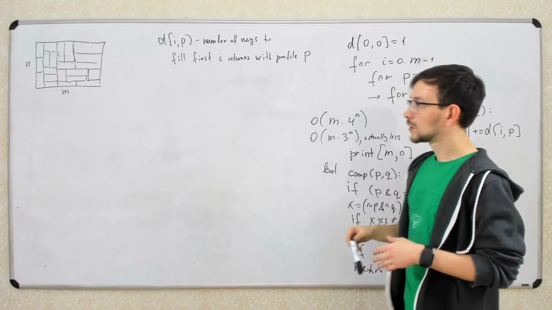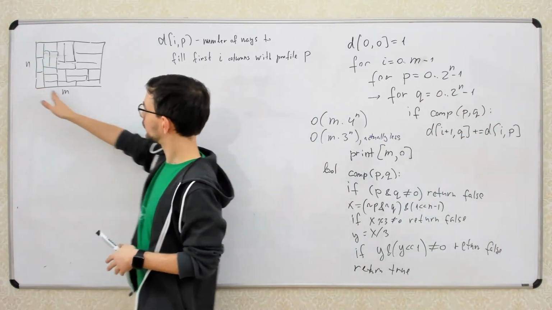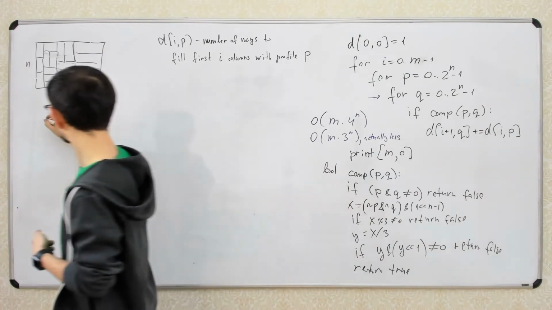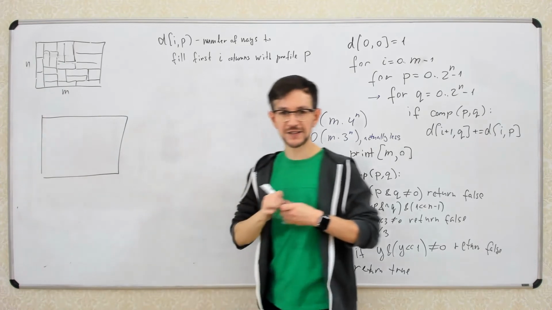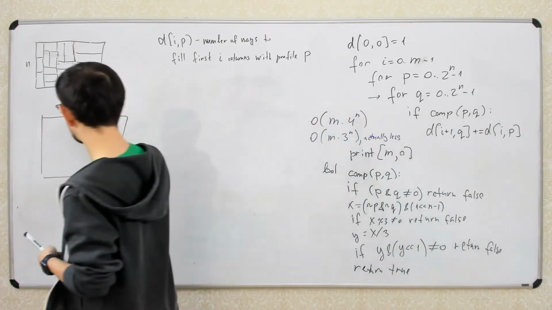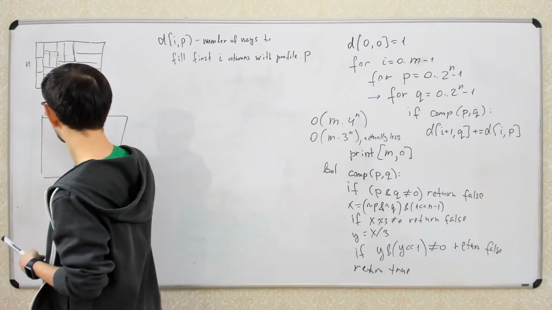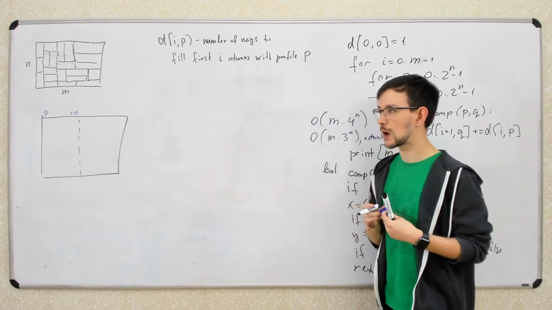So, what happens if you add squares one by one? Then we go, let's say, from left to right, from top to bottom. The current state of our dynamic programming is like this. We already filled the first I columns, from 0 to I minus 1.